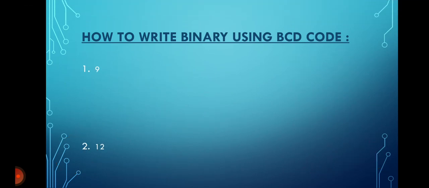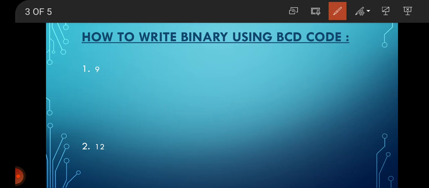Then next is 9. So how can we write decimal 9 as a binary? If we add this 8 and this 1, therefore we can get the decimal 9.